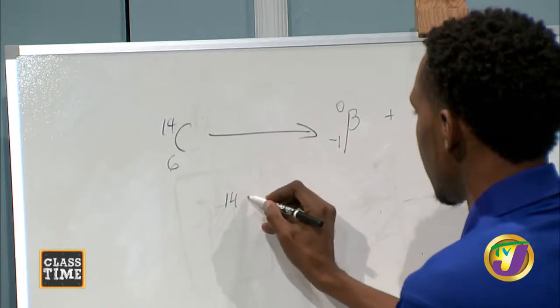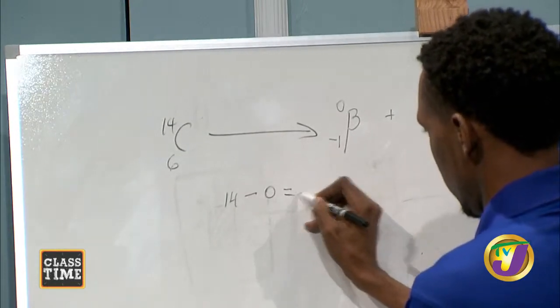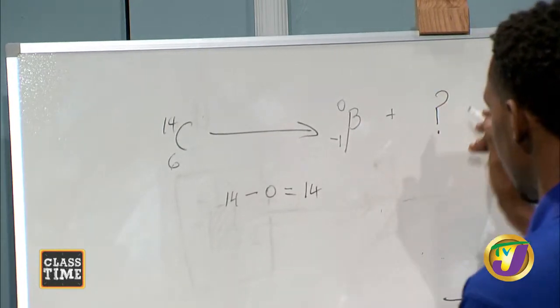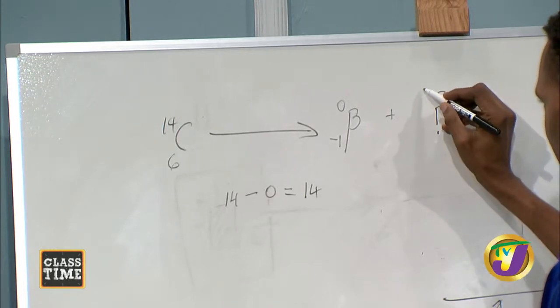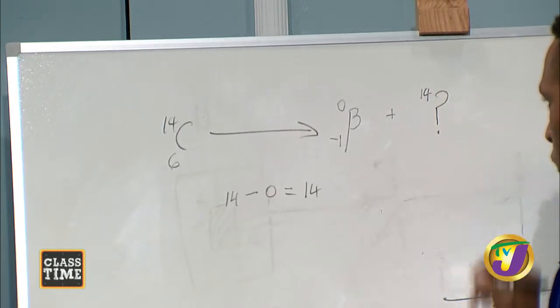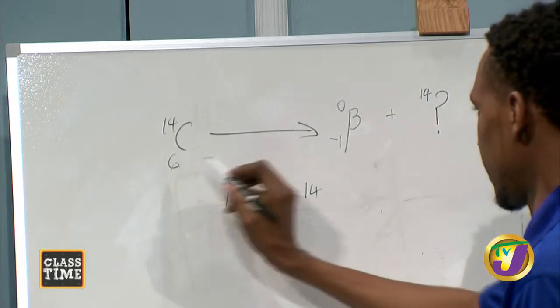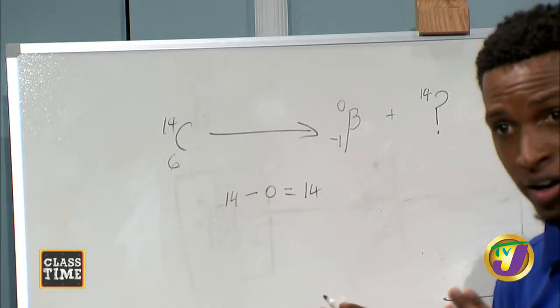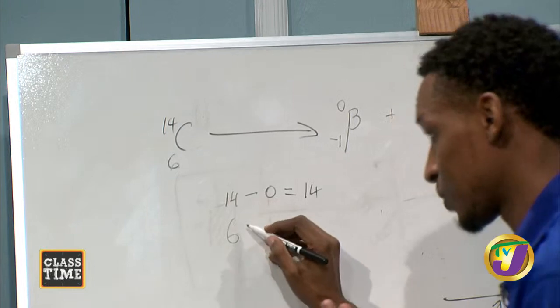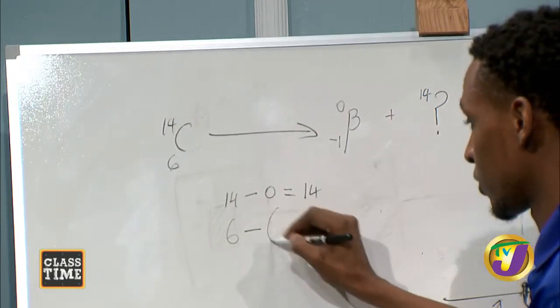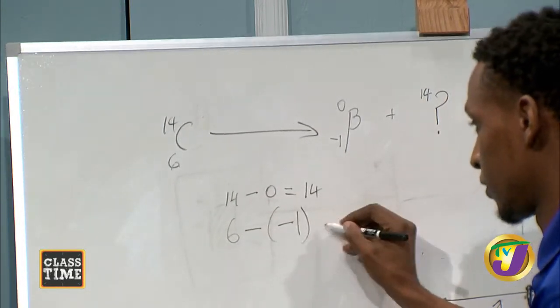So, 14 minus 0 is still 14. So, this unknown element that is formed has a mass of 14. 6 minus -1, not 6 minus 1, 6 minus -1.